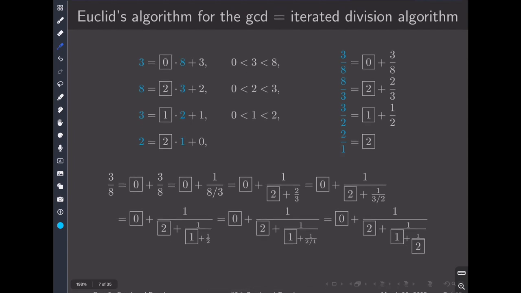Now, to introduce continued fractions, or to justify why we are going to do these kind of weird operations.